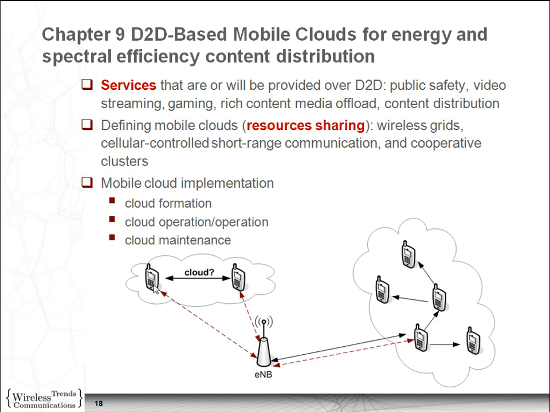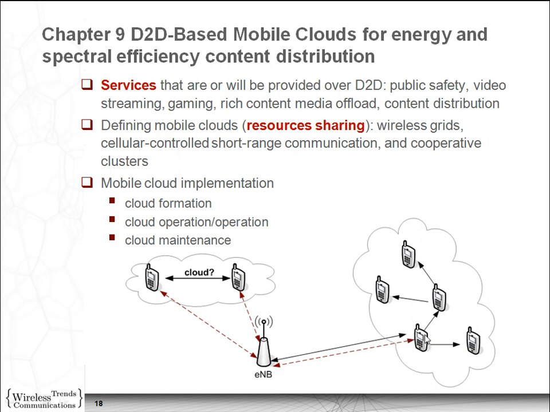So how can one device find another one who wants to cloud, who wants to share resources? Let's say, for example, that this device has some information transmitted from the eNodeB and transmits that to this guy here. And then this guy is going to perform some processing on that information and send it back to the base station through this guy.